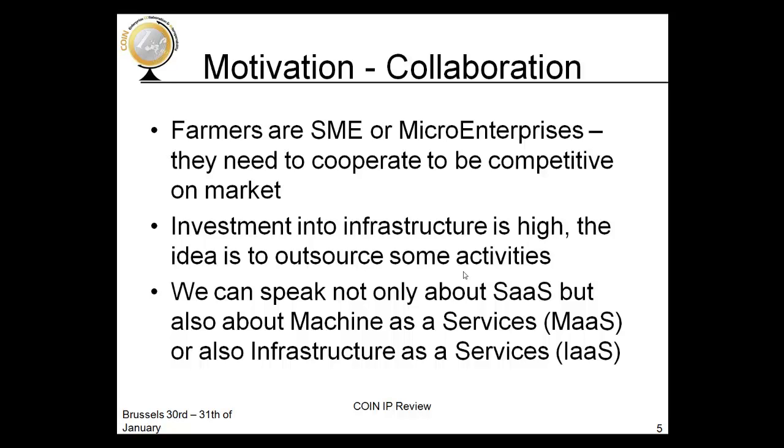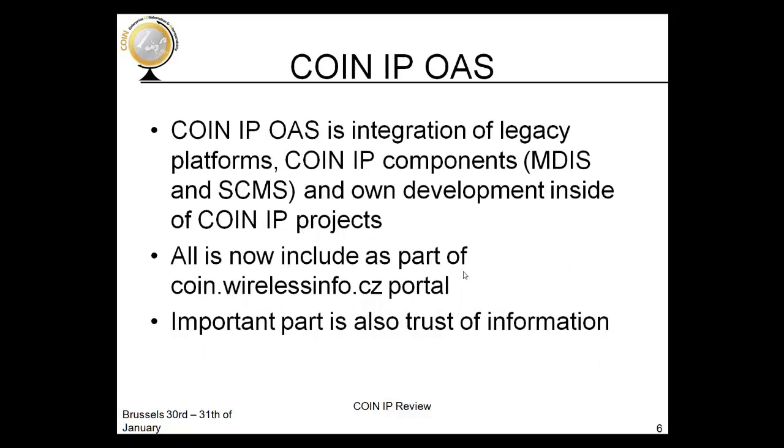So the idea is to think about a new concept of farming, and as we are discussing in ICT, the model of sensors as services. We can speak in the farming sector about something we can call machinery as a service or also infrastructure as a service. So also from this point, the collaborative tools of COIN are important for the farming sector.